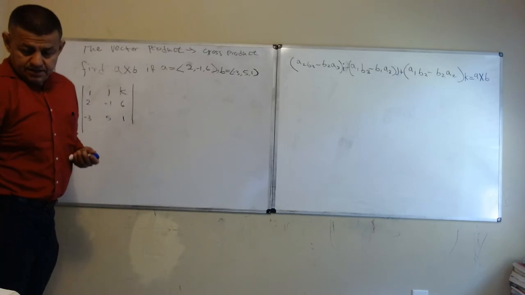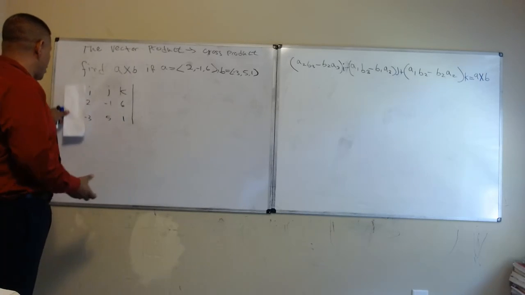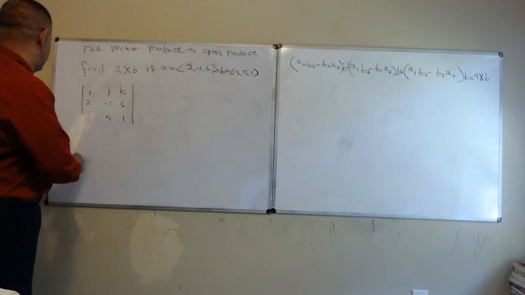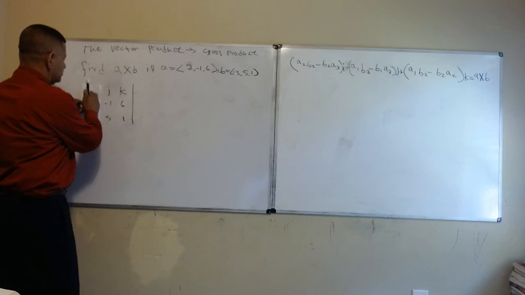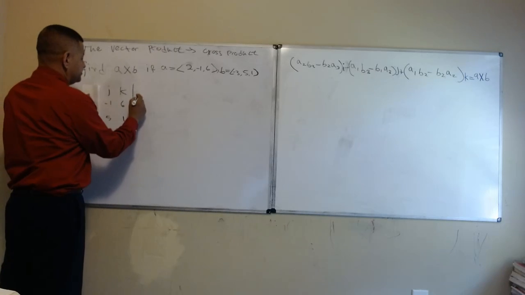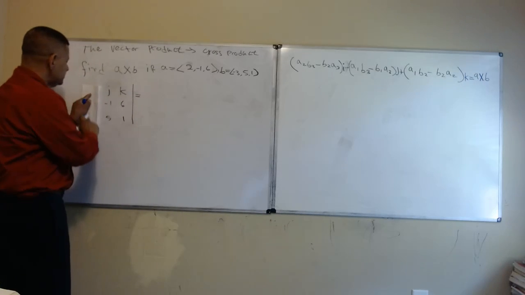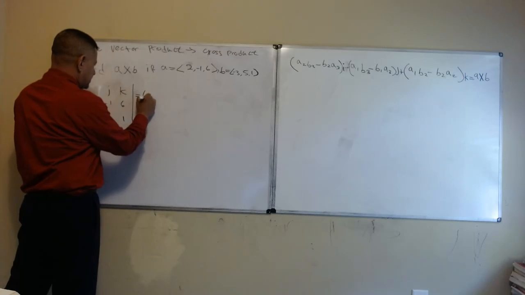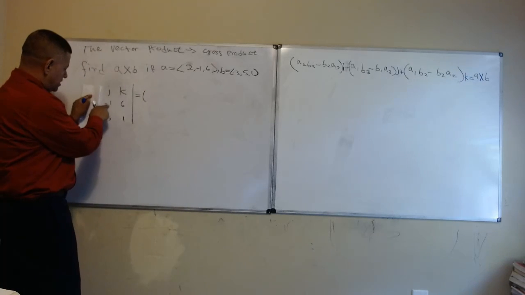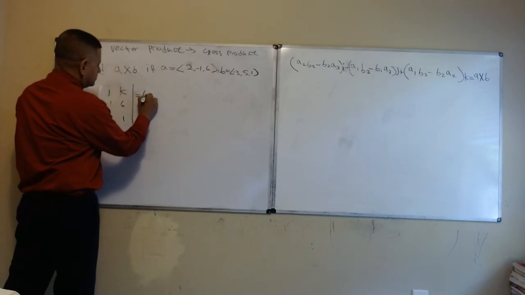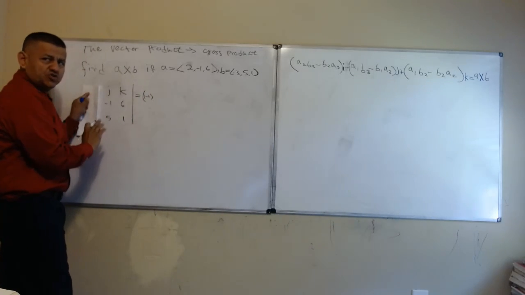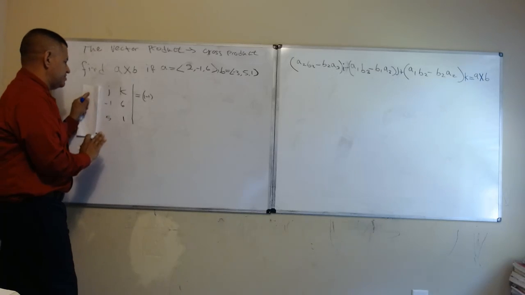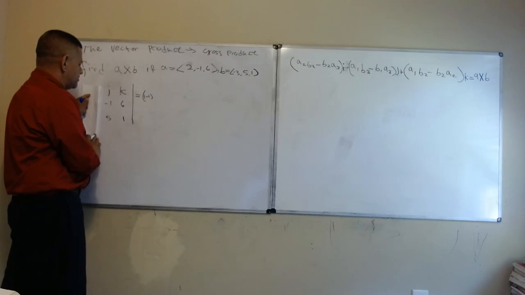Again, we covered I, and we get negative 1. Make sure you put parentheses around the negative numbers because it's easy to make mistakes in this process.